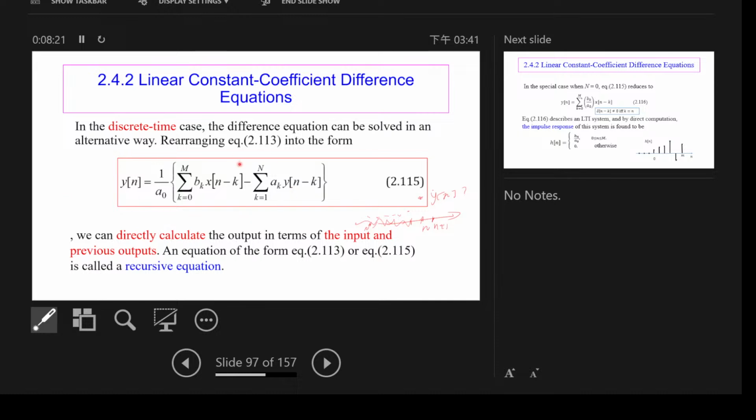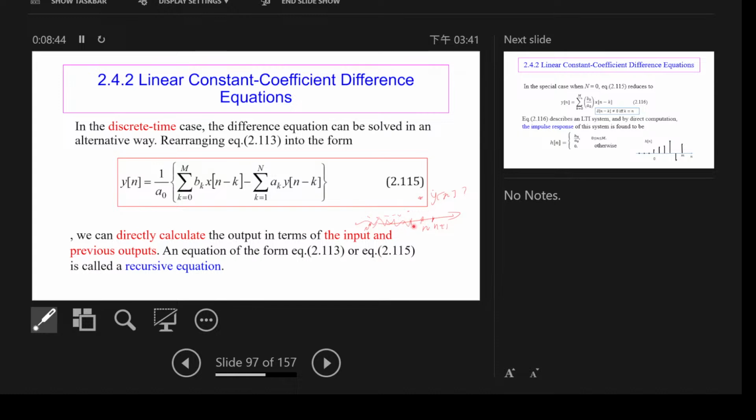For those of you in the computer science department, you know that you can write a recursive program for this. So basically, if you want to calculate y of n, you look at a few points, because all those y of n minus k are points before this n point.